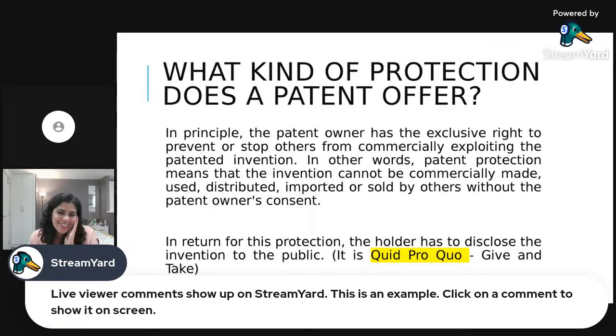Why are patents important from an exclusive rights perspective? Why do people have to disclose their patent applications? What's the need to do so? How is it better for continuous development of society and technology? These are the reasons.